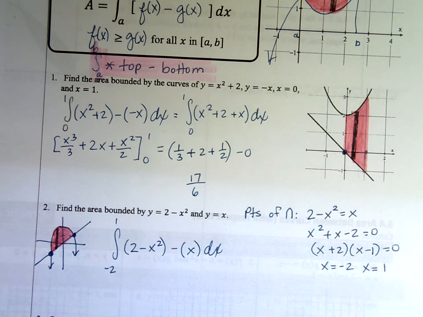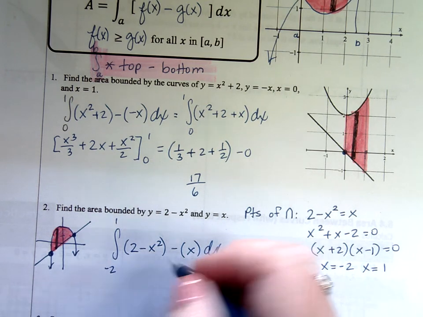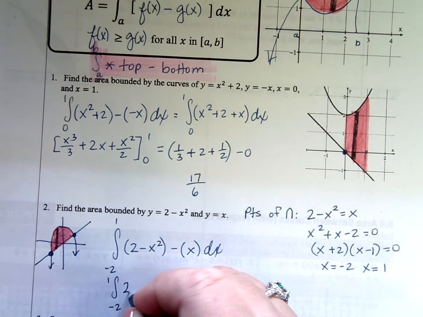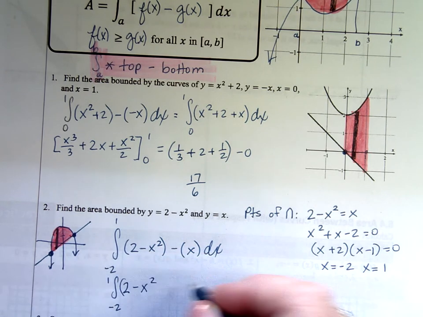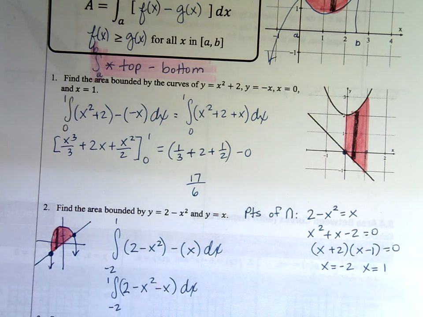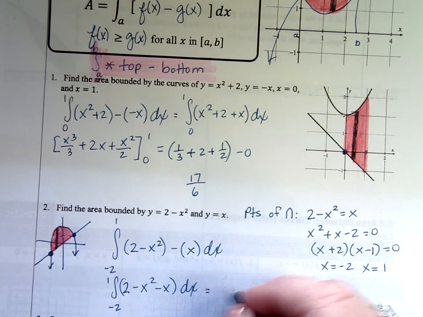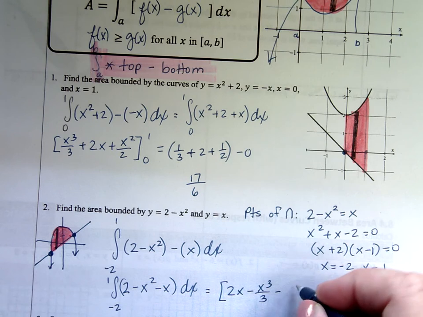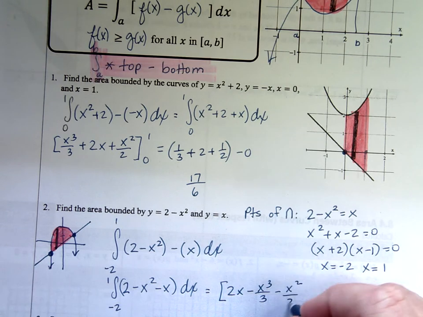All right, and then I go and I make it a little simpler. Negative 2 to 1 of 2 minus x squared minus x. I can antiderivative that. That would be 2x minus x cubed over 3 minus x squared over 2, going between negative 2 and 1.